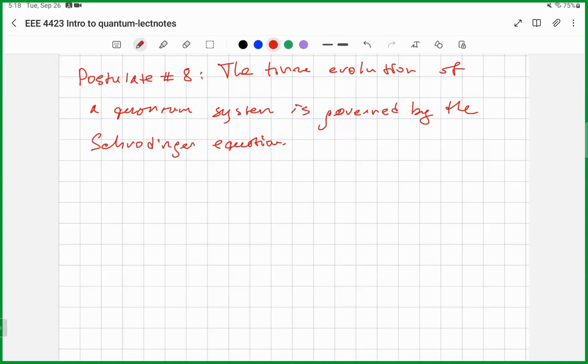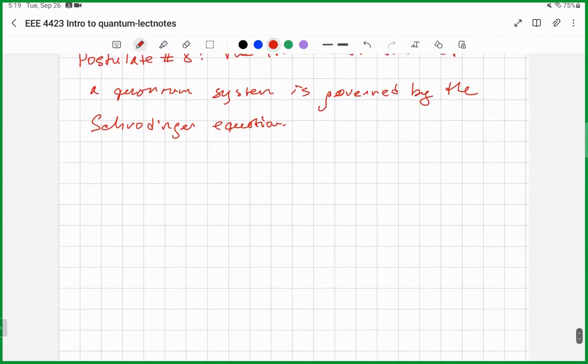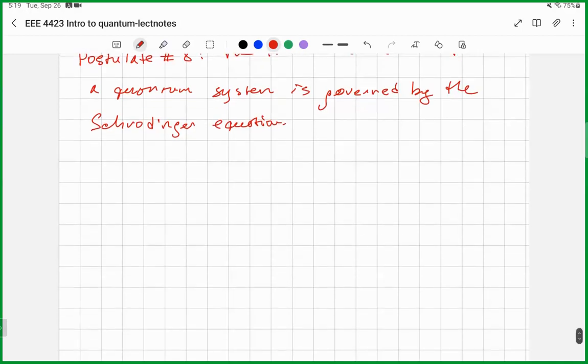Then this equation was tested in billions of different situations and experiments, and as we know, it works extremely precisely when we describe quantum systems.